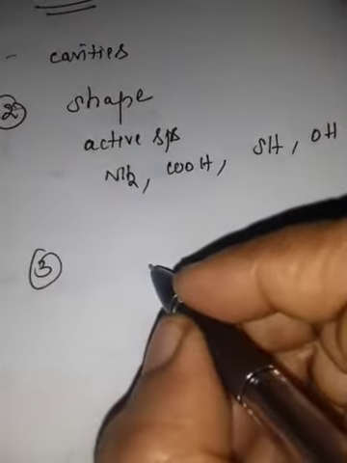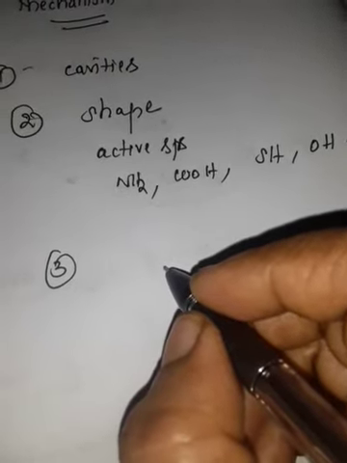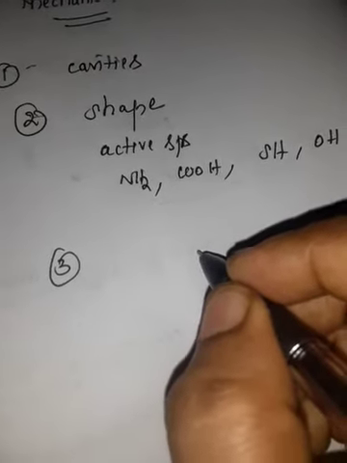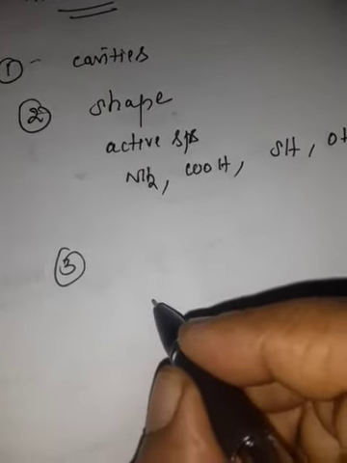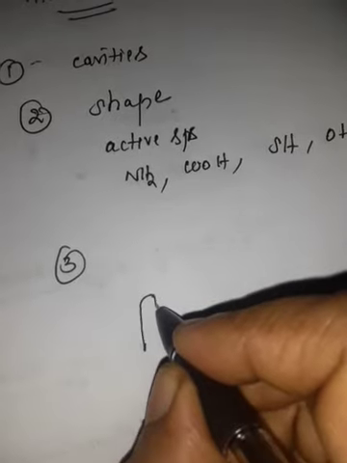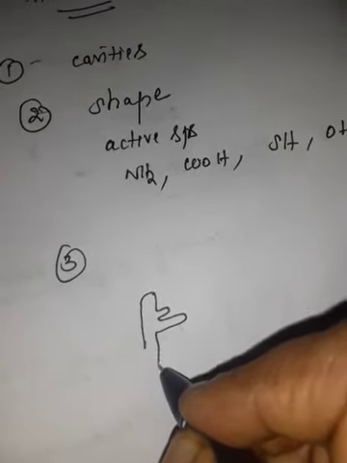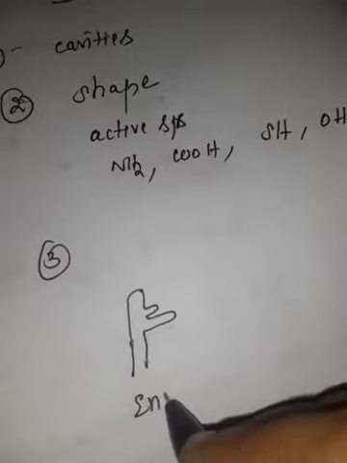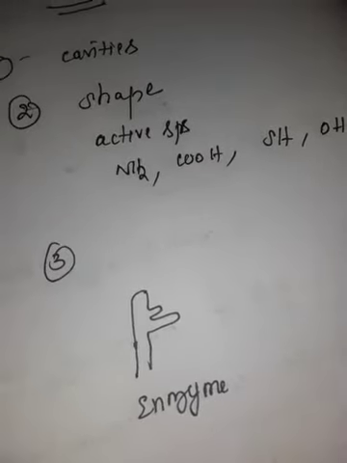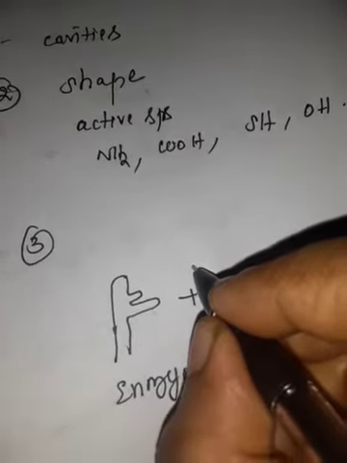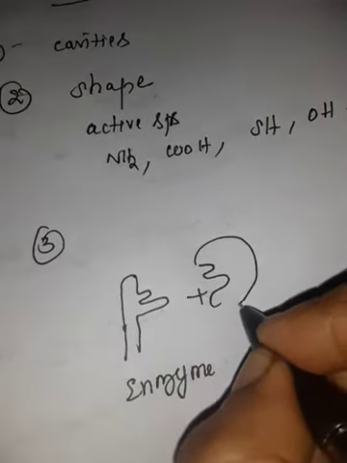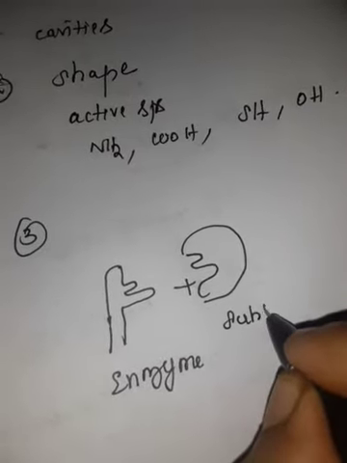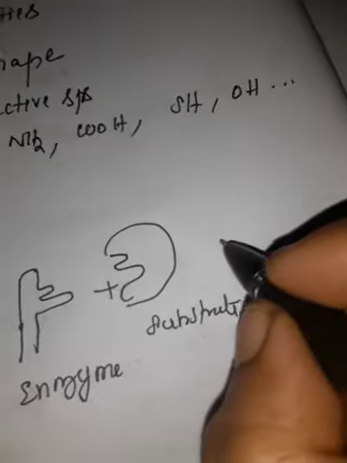Now the reactant molecules or substrate which have the complementary shape fit into the cavities just like a key fits into a lock. For example, consider this is the enzyme, and this is the substrate, that is the reactant, giving an activated complex.